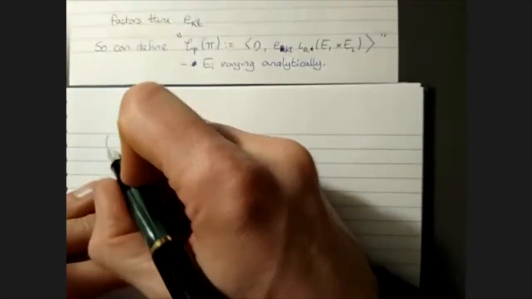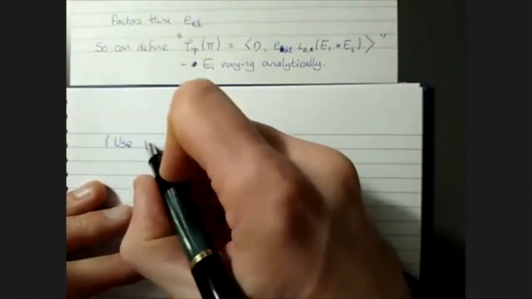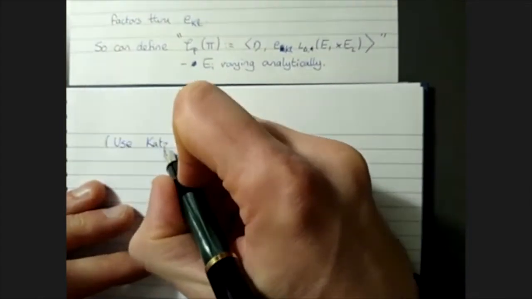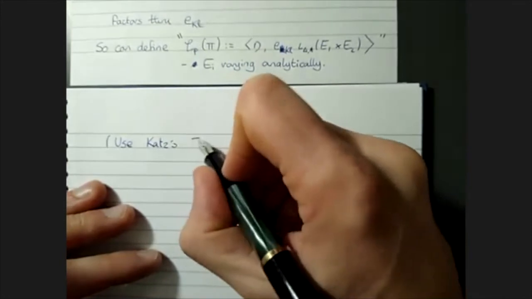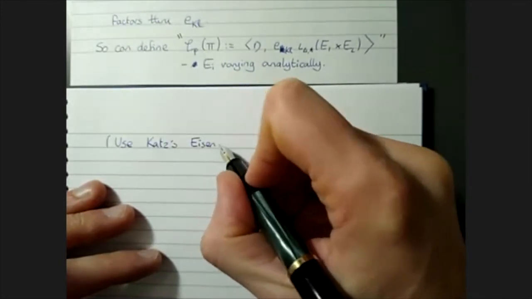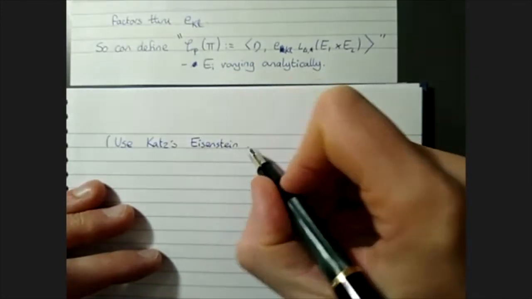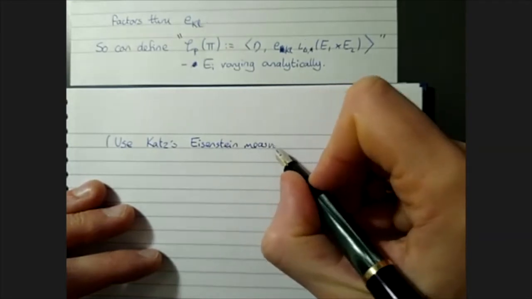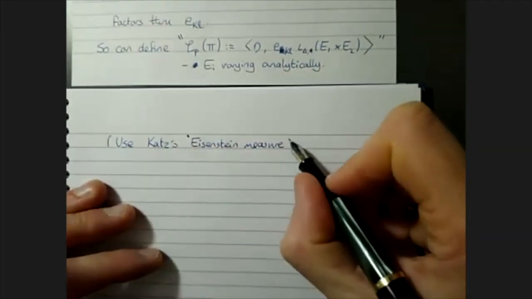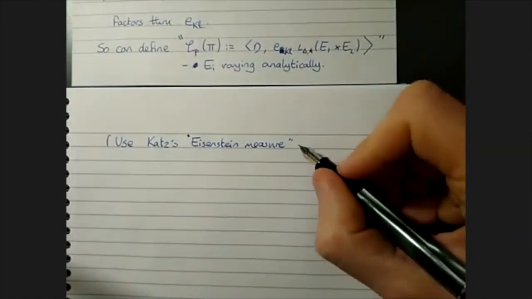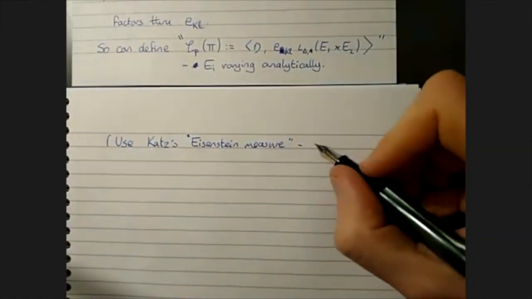So what I'm using here is Katz's theory of the Eisenstein measure, which gives you p-adic families of Eisenstein series valued as p-adic modular forms.